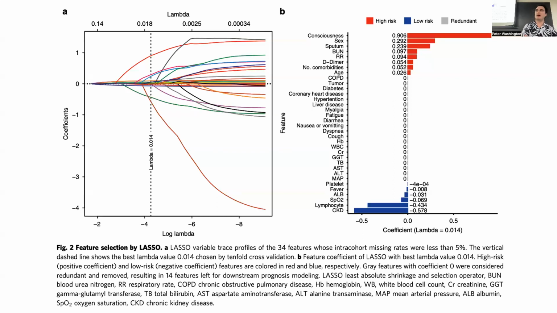Then they built a model and did feature selection by lasso. Remember that lasso, aka L1 regularization, let them figure out which of the inputs to the model were most predictive of having a high or low risk of, I think, death or mortality from COVID.